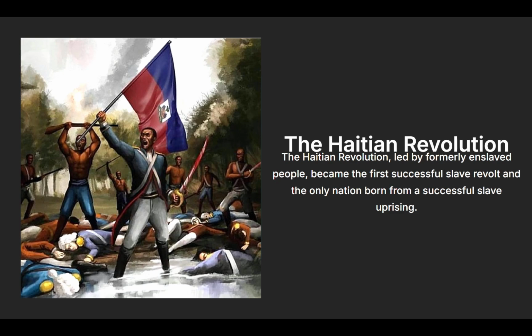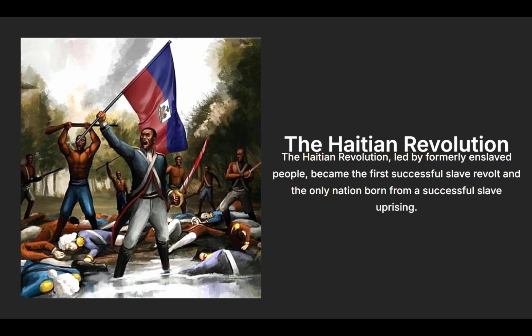Under the leadership of Toussaint Louverture, formerly enslaved people defeated the French, Spanish, and British forces. Haiti became the first independent Black led state and the only nation born from a successful slave revolution. The Haitian Revolution terrified slaveholding societies worldwide and exposed the limits of Enlightenment universalism.